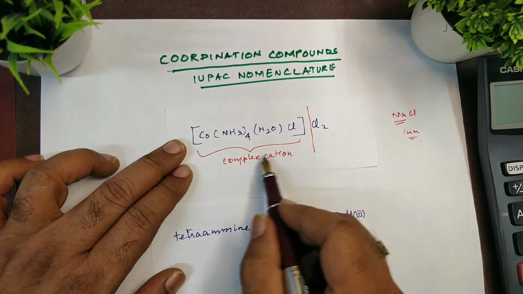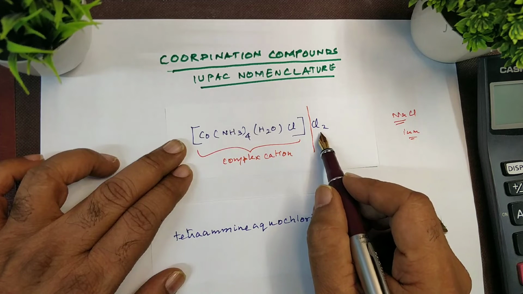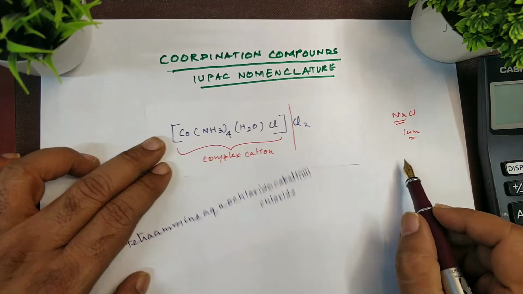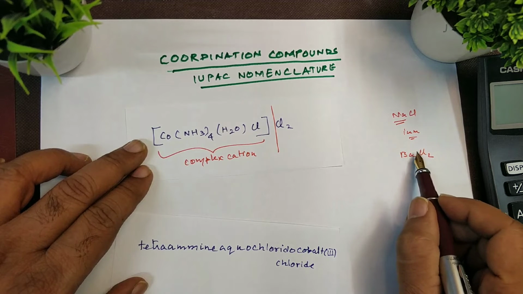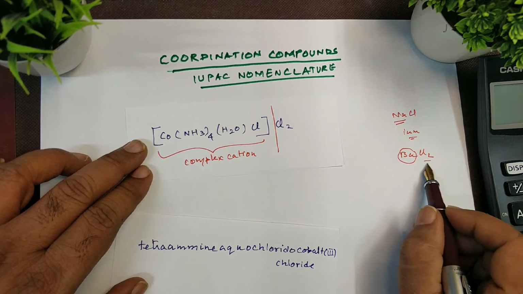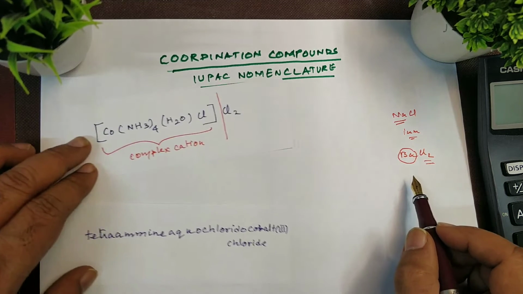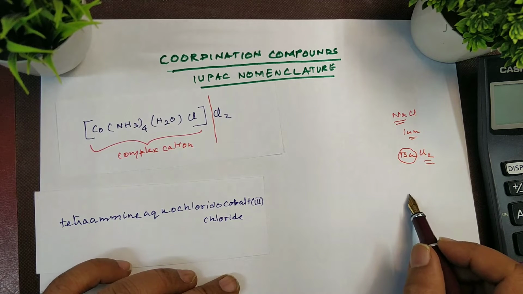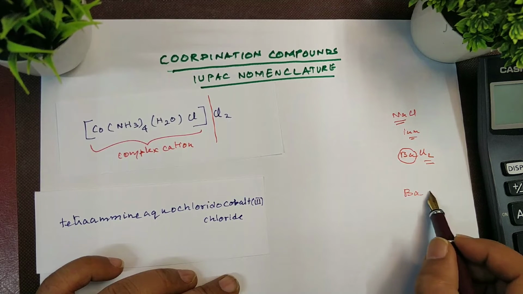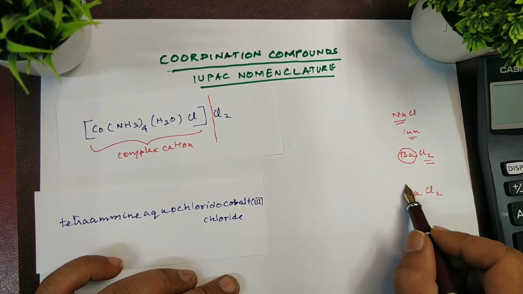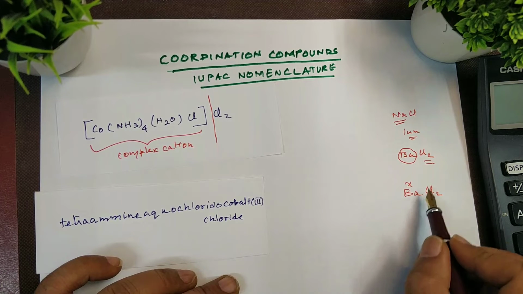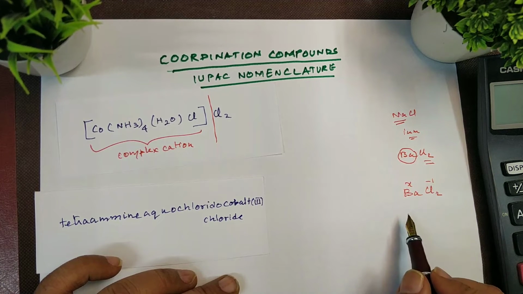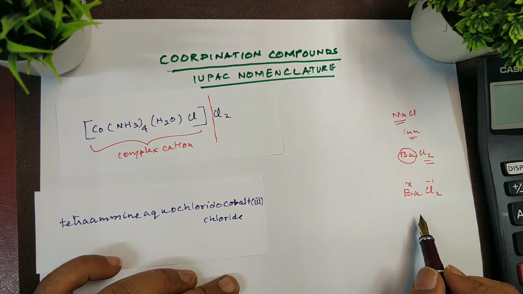But how to name this cation? We know this one is chloride because we know BaCl2. This is barium and this is chloride, so barium chloride. For BaCl2, put X for barium because we do not know its oxidation state, and we know the oxidation state of chlorine is -1.